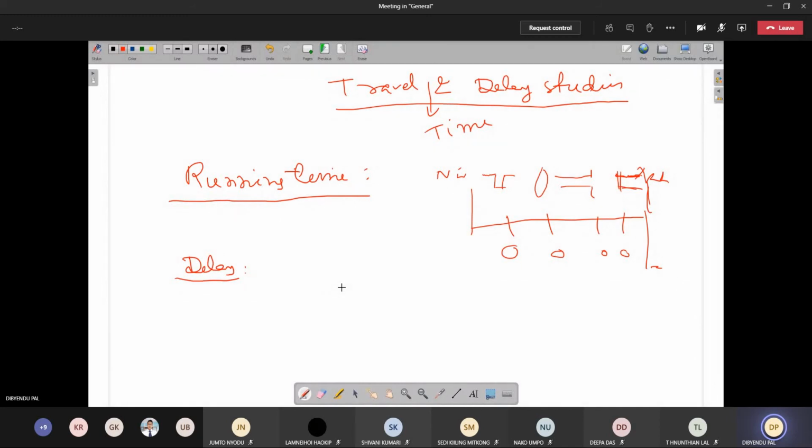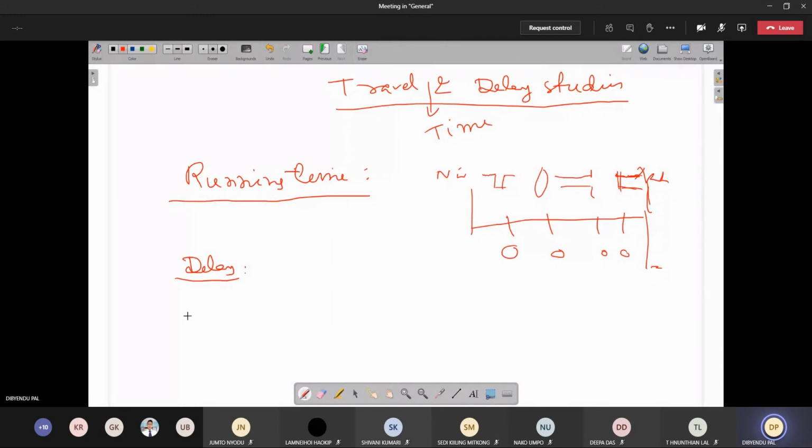Or if there is a junction, the driver has to stop, there is no option. Till he doesn't get the pass, he cannot cross the junction. So he has to stop, there is no control. So because of the reasons not in the hands of the driver, whatever time the driver is losing, that time is called the delay.